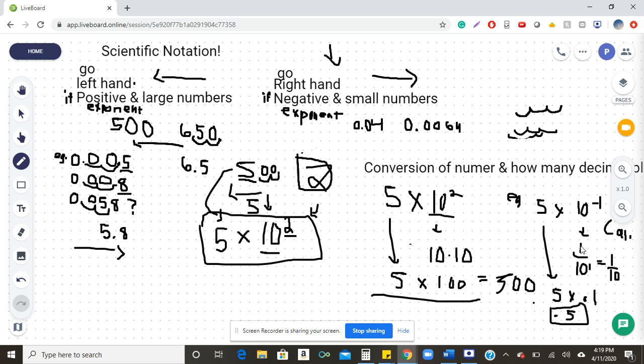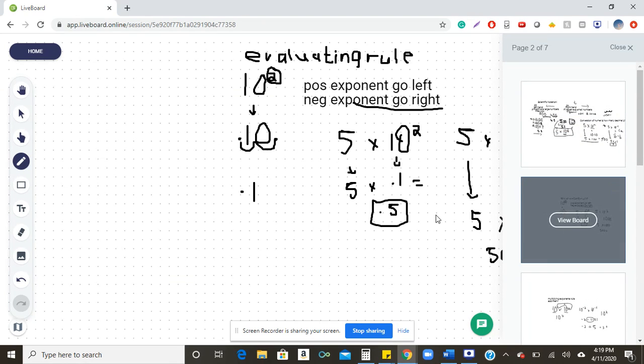So you take the 10 to the negative 1, and you convert that to 1 over 10 to the 1. 10 to the 1 is just 10, so it's essentially 1 over 10. And if you put 1 over 10 into the calculator, you get 0.1. So 5, which you brought down, 5 times 0.1 is 0.5. And that's how you get your answer. So moving on.